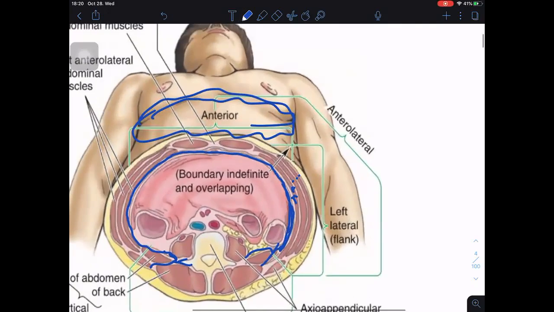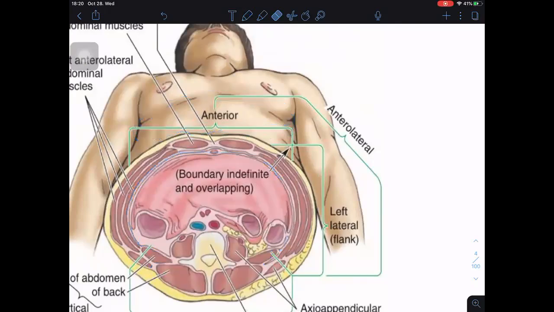But as you see, throughout the course of the fascia, in a big part, endoabdominal fascia covers the internal or deep surface of the transversus abdominis muscle.